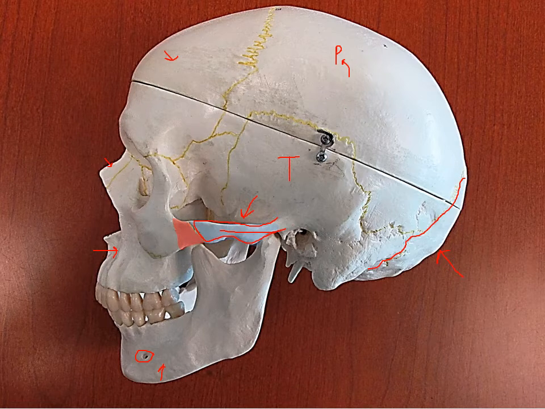It's this little ridge, this little arm that's coming off of there. And since I said an extension from a bone is generally called a process, and this entire arch as it goes around is called the zygomatic arch, this particular part is called the zygomatic process of the temporal bone.